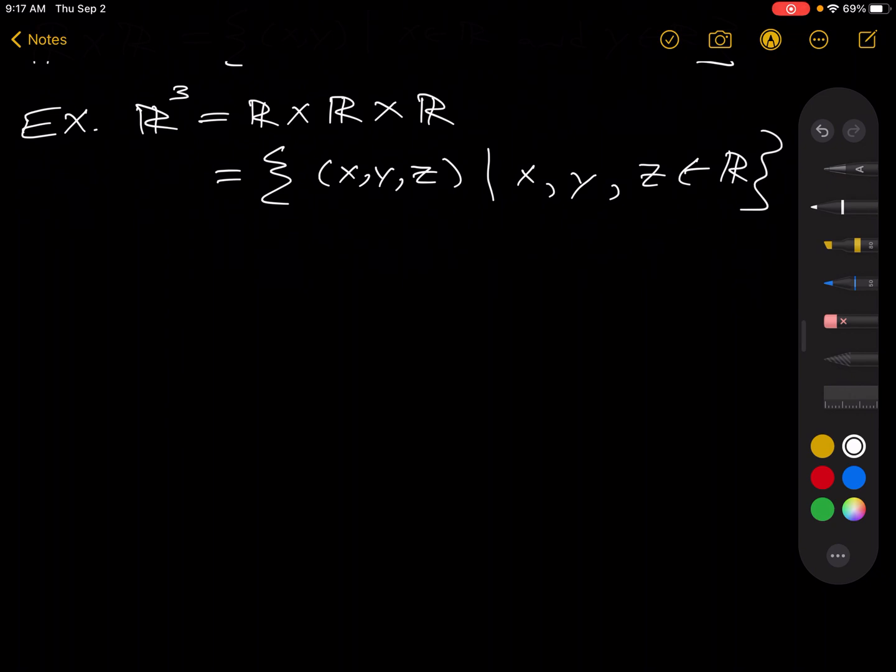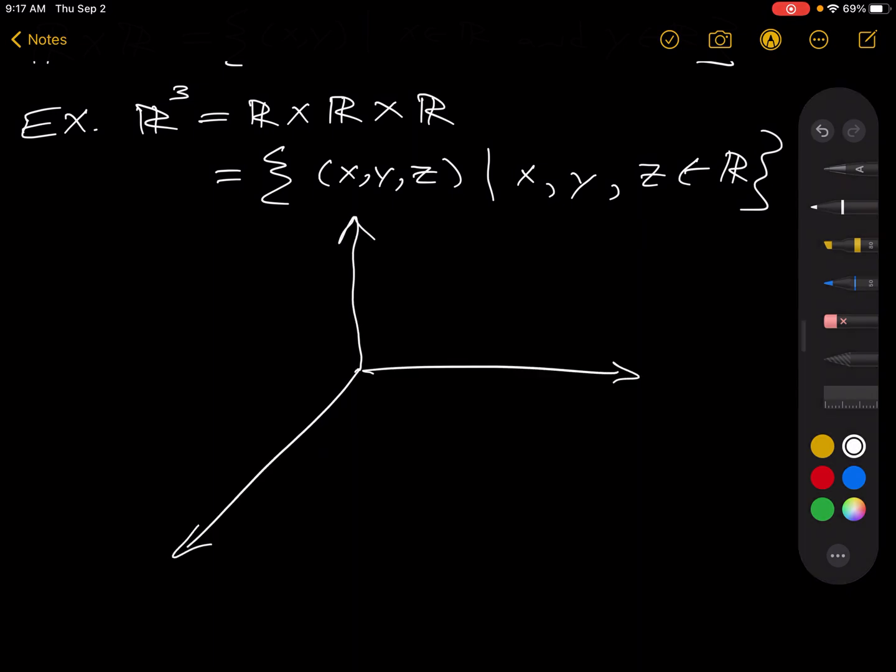This is 3D space. This is three-dimensional space.